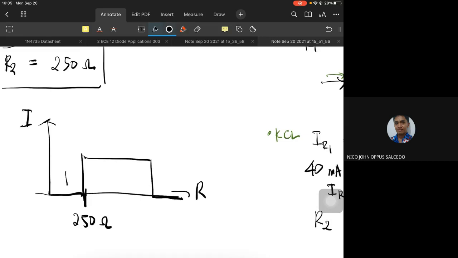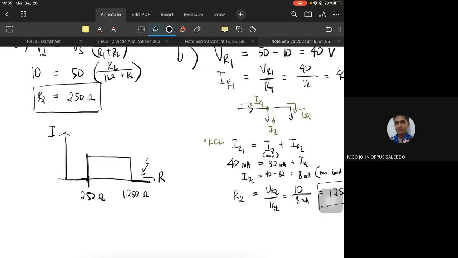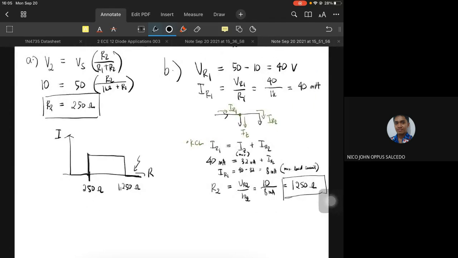So, wala. So, at 250, mag-on. And tama na siya hanggang 1,250 ohms. Anything above 1,250 ohms will destroy the diode.